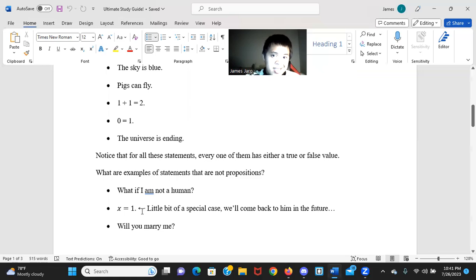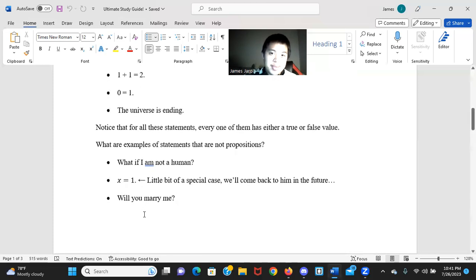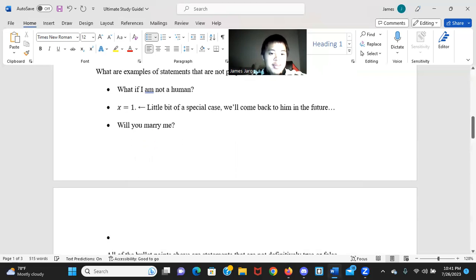X equals 1 is not a proposition, though I did say that this is a little bit of a special case. We'll still come back to it in the near future. And the most common one that we kind of joke about is, will you marry me? Will you marry me is not a proposition because it's not a true or false value. It's a yes or no.